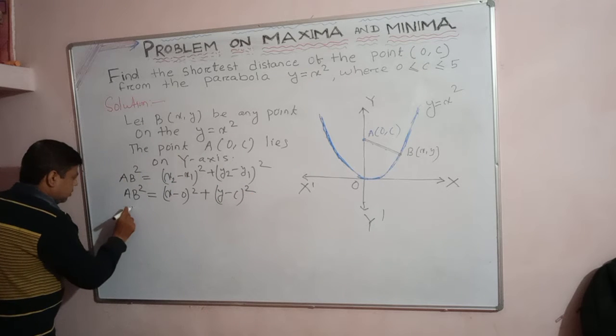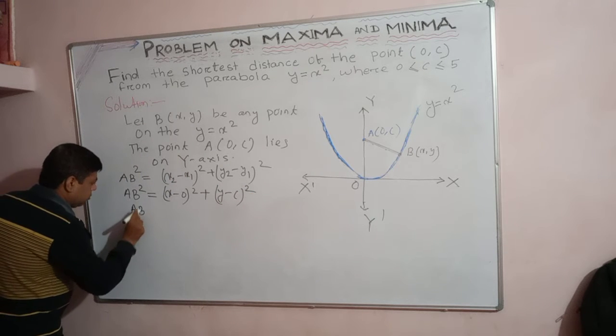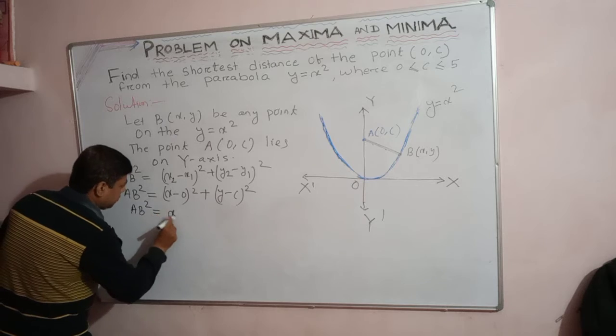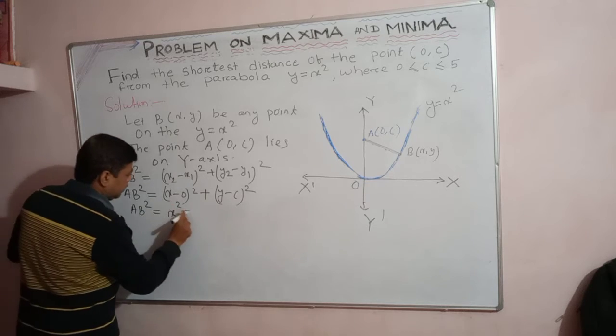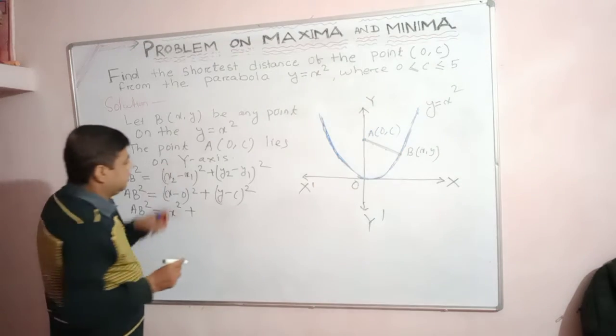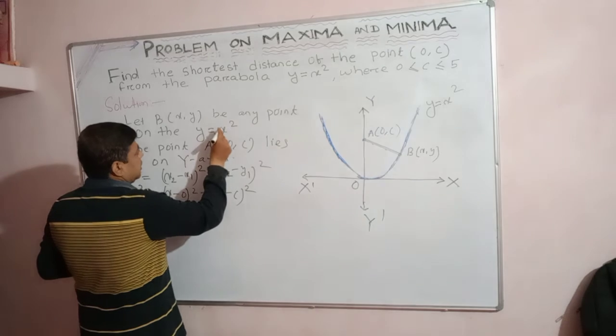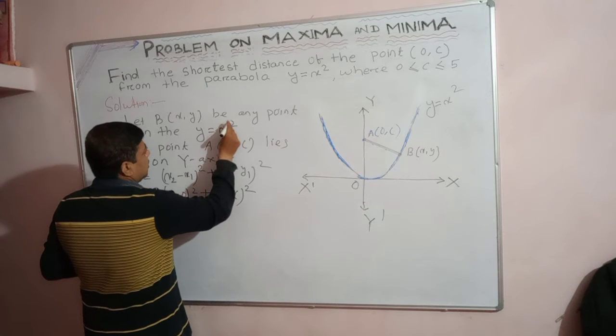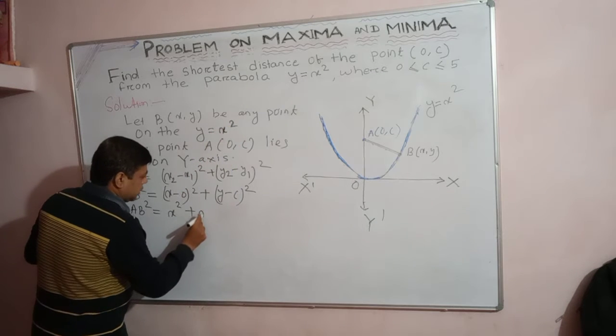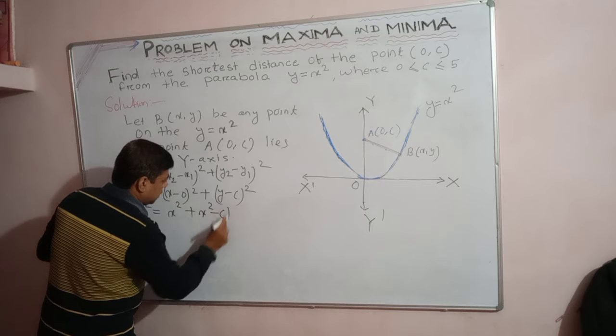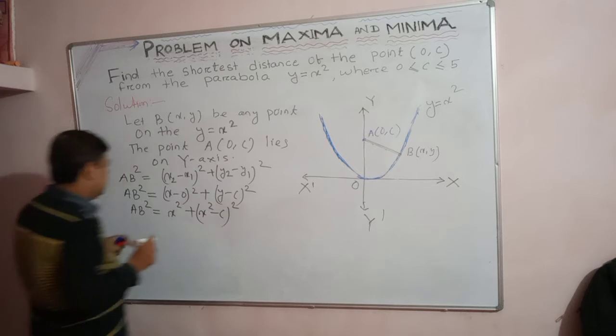So AB square is equal to x square plus, in place of y we can write x square. Yes or no? So write down (x square minus c) whole square. It's clear?